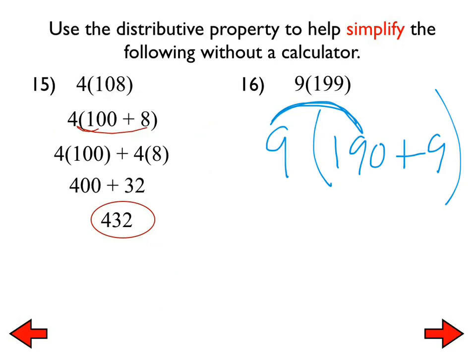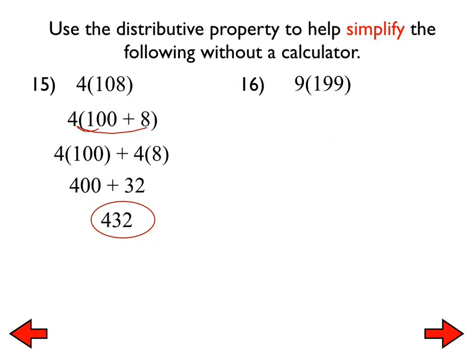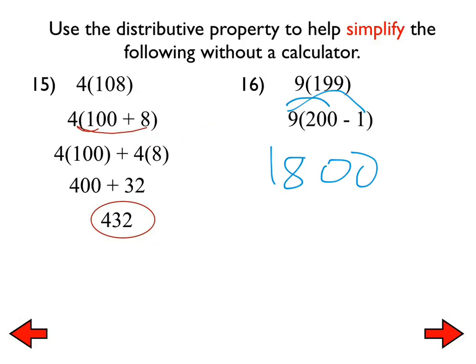In the parentheses, I put 200 minus. Yeah, and that's to me the easiest way because I imagine most of us can deal with 9 times 200 mentally, which of course is 1800. And obviously we can deal with 9 times 1 mentally. And from there we get 1791. Okay?